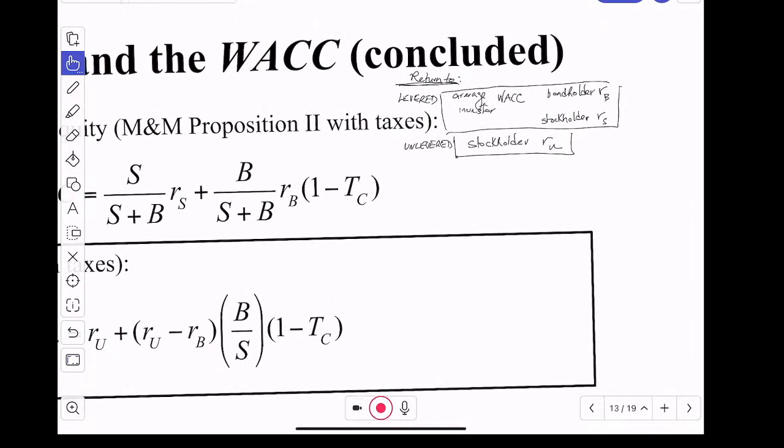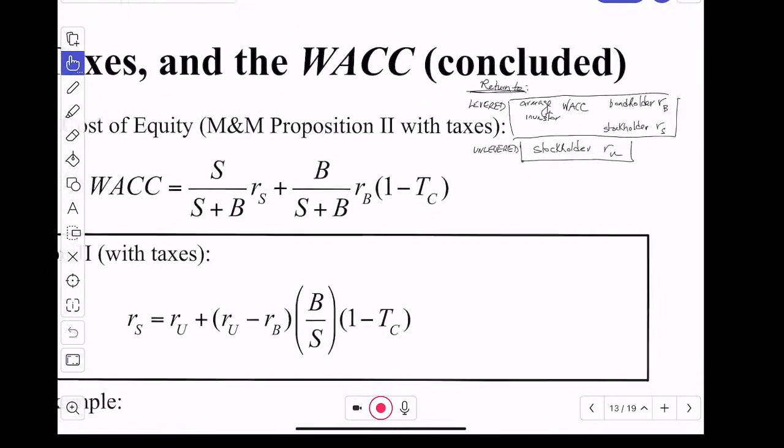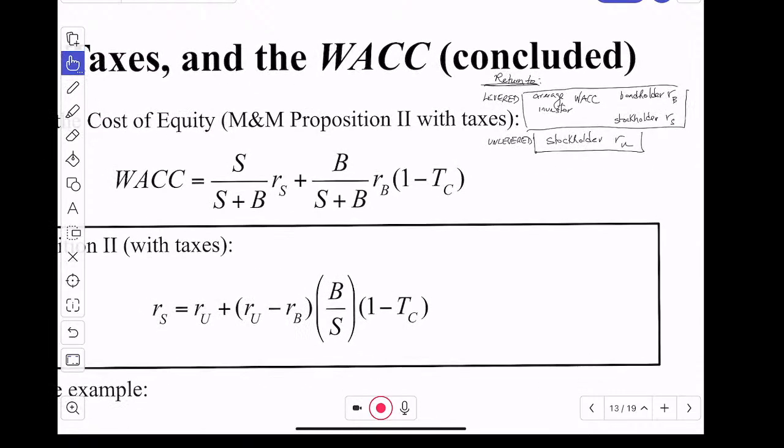Now we have to reintroduce taxes. When we introduce taxes, the algebra gives you this. I'm not going to do it again. So what does this say?